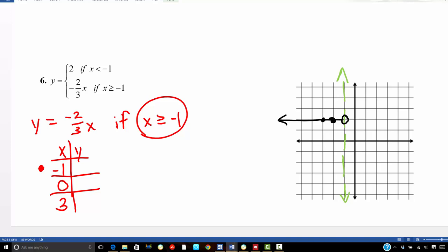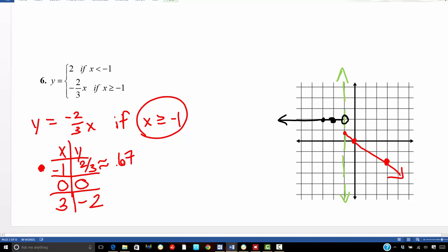And remember, there is a closed dot at -1, where x is -1. So we can't avoid all of the fractions because this line intersects the borderline at a decimal point at -1 2/3 or -1.67. But that's ultimately what that line should look like.